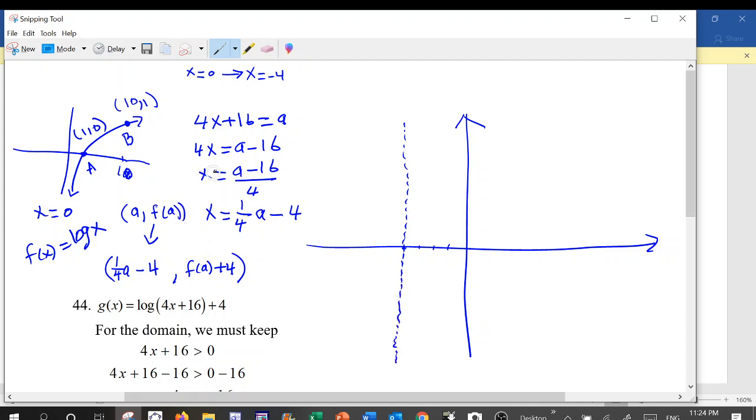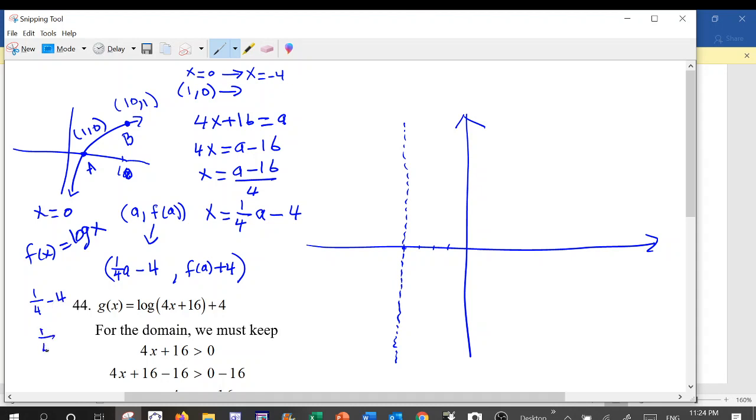Now, what happens with (1, 0)? Well, let's see, 1 would be 1 times 1/4, which is 1/4 minus 4. What's 1/4 minus 4? Well, 4 with the denominator of 4 is 16 over 4, right?